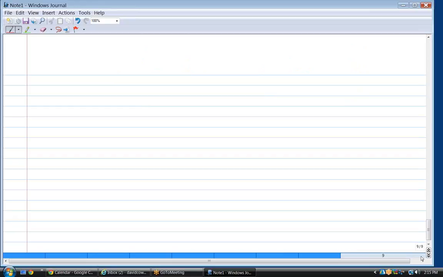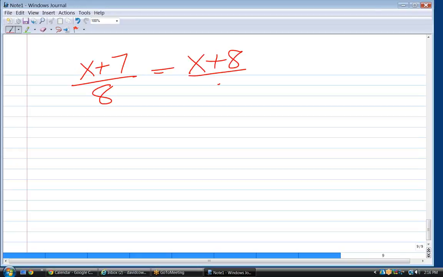All right. So the next problem is x plus 7 over 8 equals x plus 8 over 9. Two possible ways to do this.